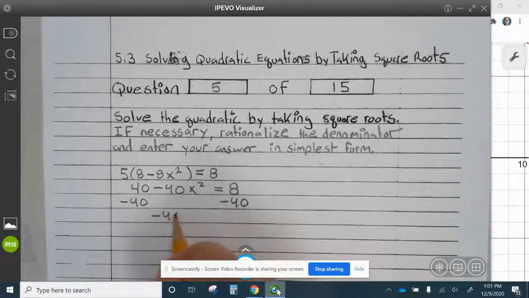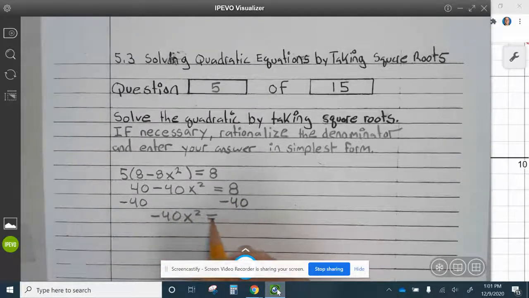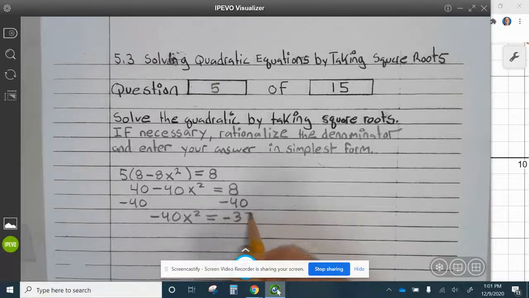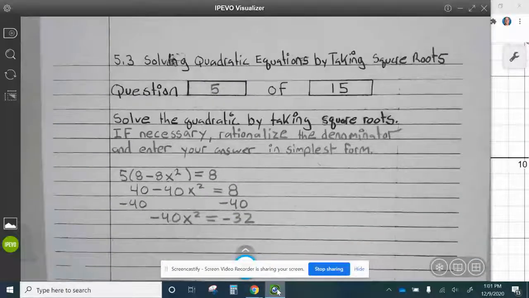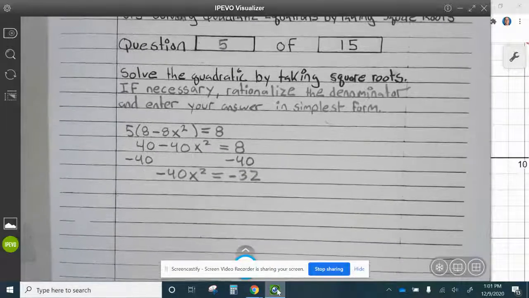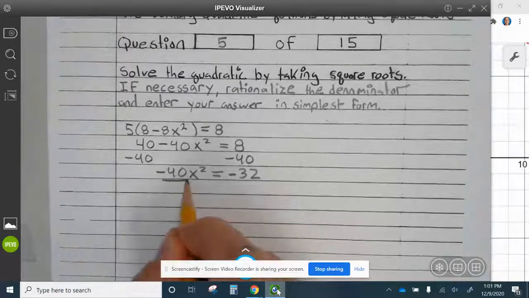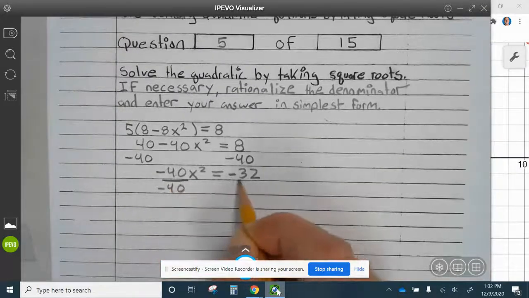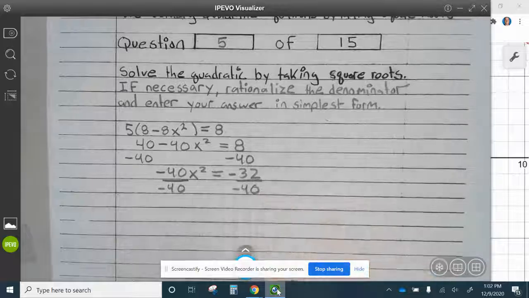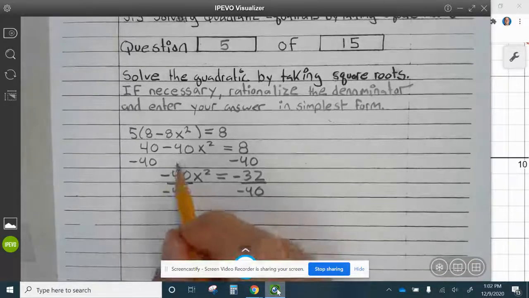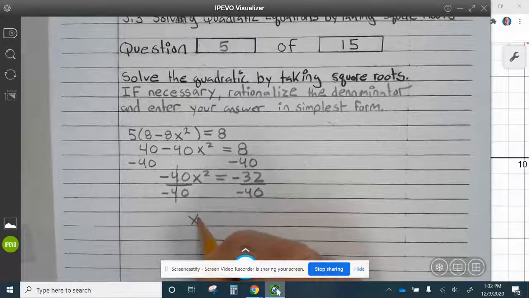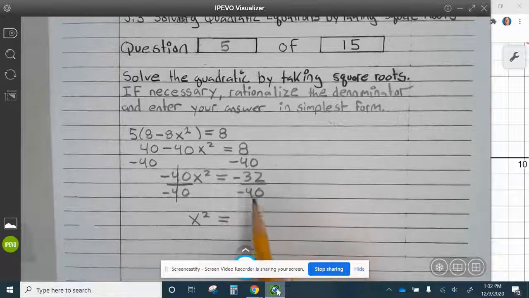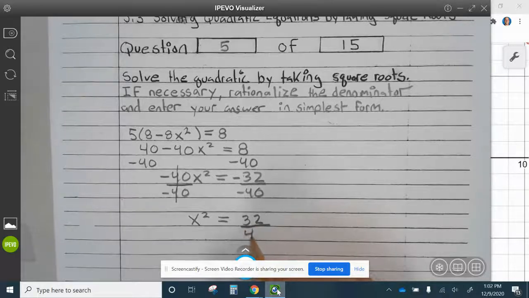So negative 40x squared equals negative 32. Okay, now we're going to divide both sides by negative 40. Okay, so this becomes 1. So then you have x squared equals, a negative divided by negative is positive, so that's 32 divided by 40.